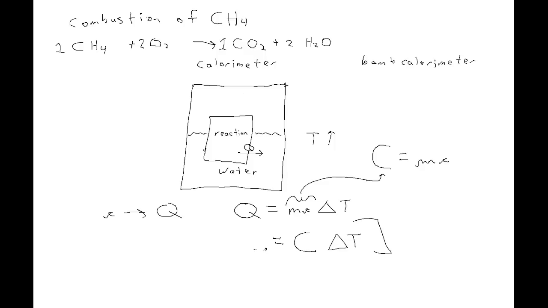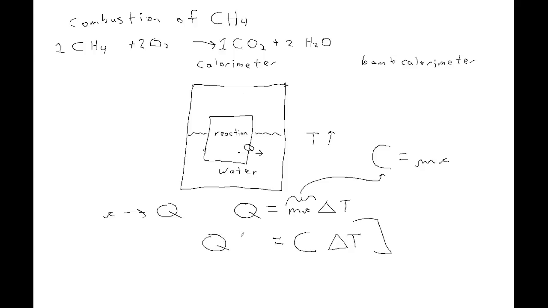Now, what does the capital C now stand for? Capital C would stand for the heat capacity of the calorimeter apparatus. This would be the heat capacity of the calorimeter apparatus, and delta T would be the change in temperature of the calorimeter. So then what would Q stand for?